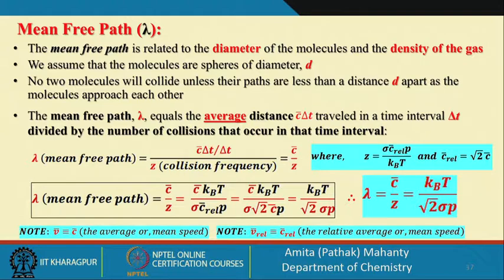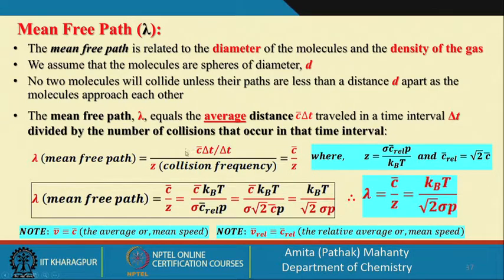Velocity times time always gives you the distance. So, the average distance is the average velocity times the time interval traveled, delta t. So, the mean free path is the average distance traveled in time interval delta t divided by the total number of collisions occurring in that particular time interval.